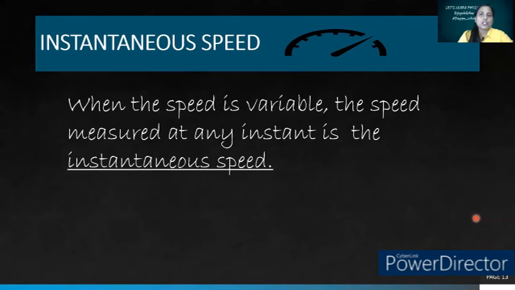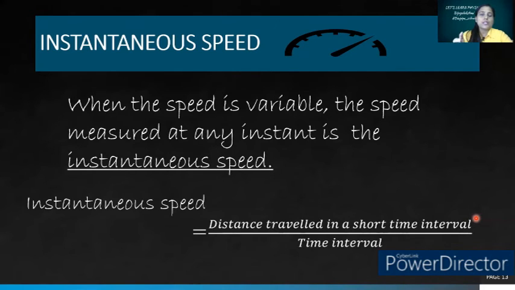The speed measured at a particular instant of time is called instantaneous speed. It can be represented as distance traveled in a short time interval divided by that time interval.